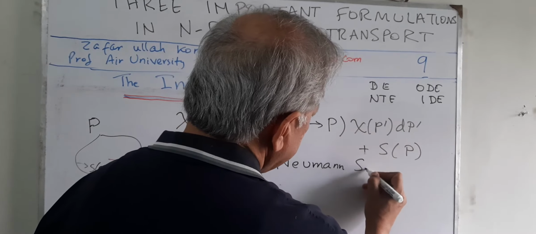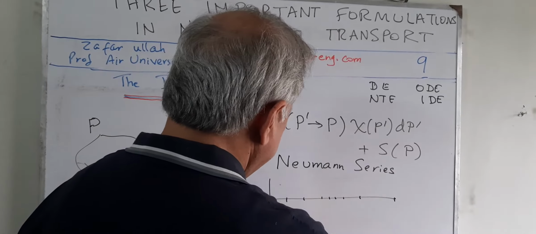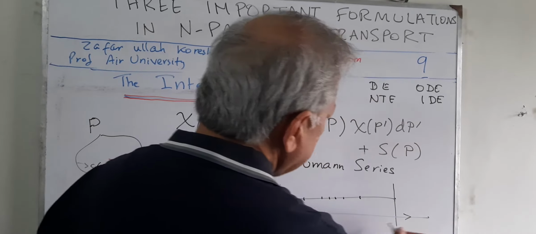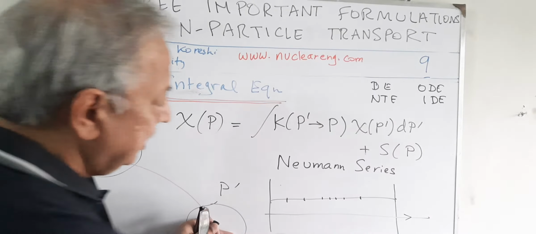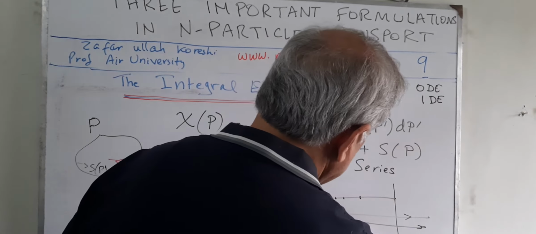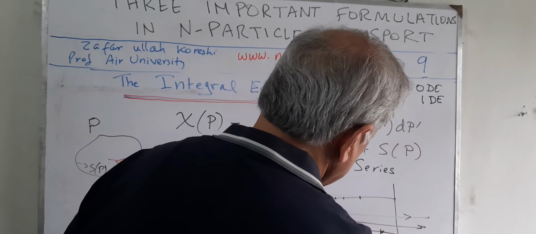Now, the Neumann series solution says that, remember that random walk I was talking to you about? So now if you have two walls, some particles can just go across without a collision. Some would have one collision, then go across. Some might have two, then go across. Some might have three, then go across.